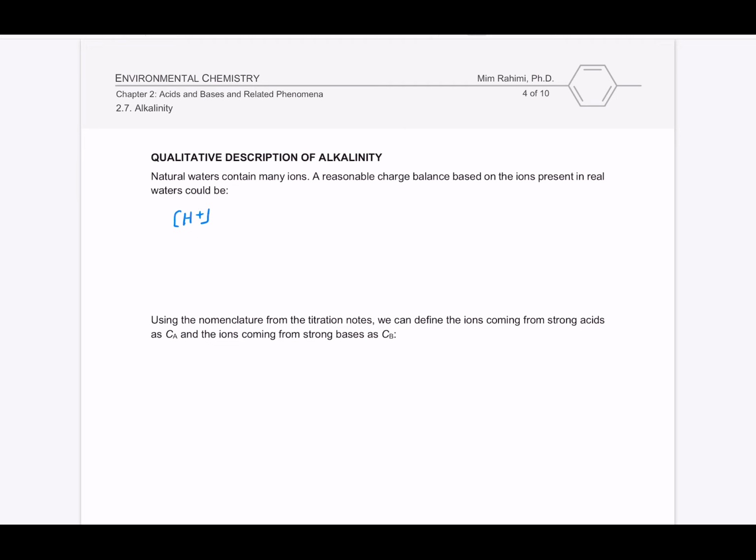Obviously, we have H+. Some of the common salts that you can find in water are sodium, potassium, calcium. But calcium is a divalent charge, so basically we have to multiply this by 2.